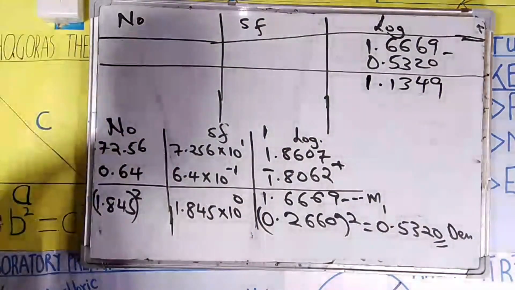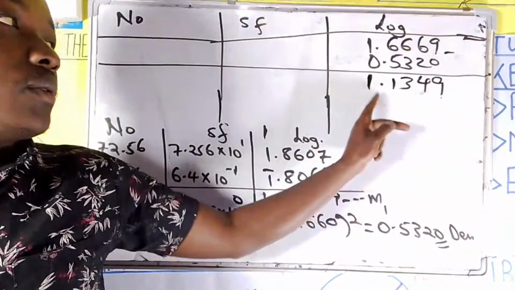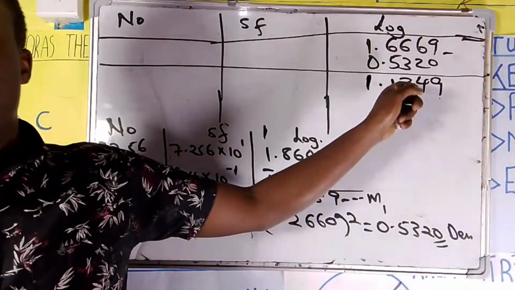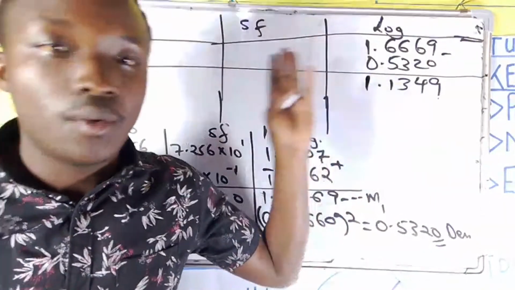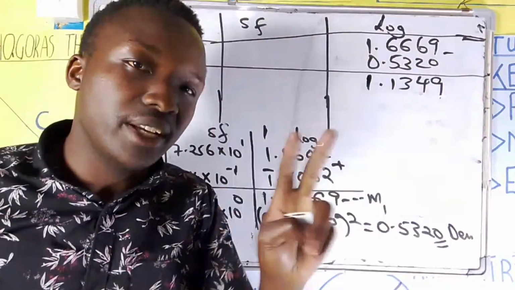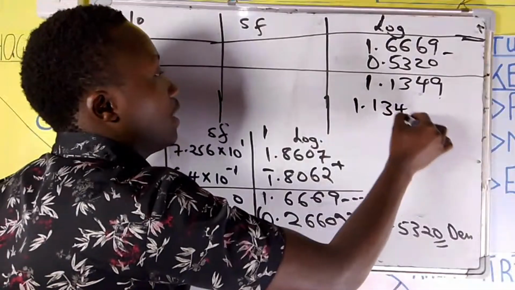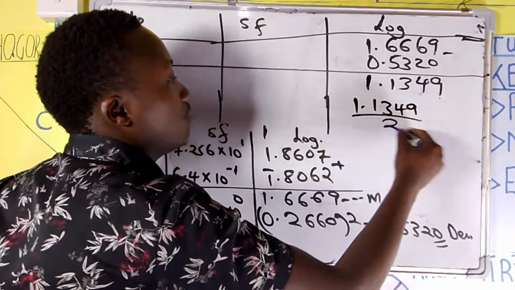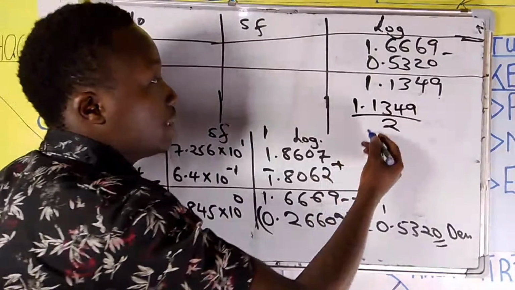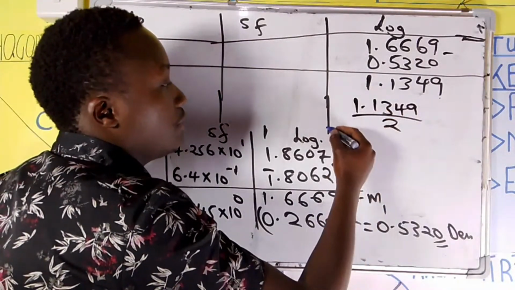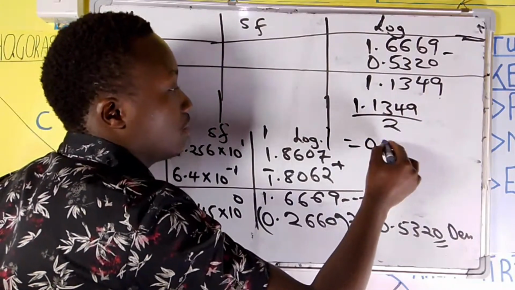So, because this one is positive, we said that if it is positive here, we will just divide by 2. Remember, we are finding the square root, we'll just divide by 2. So 1.1349, we'll just divide by 2. When you divide by 2, this will give you 0.5 because of 1.0.